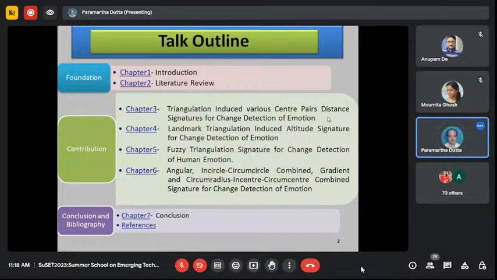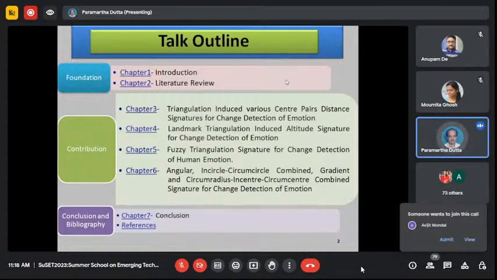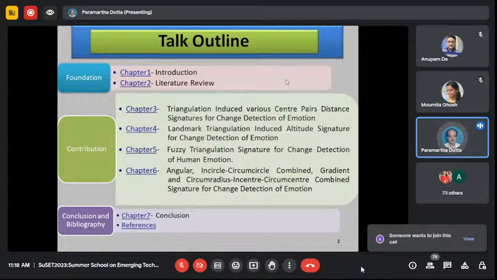In these contributory chapters, we adapted different types of mechanisms and methodologies. Each methodology and procedure has its strong points as well as weak points or demerits.